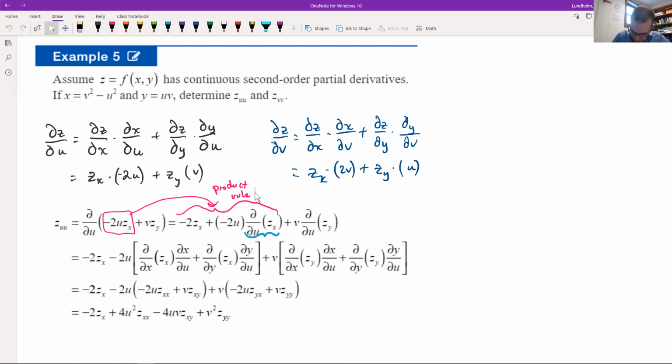This whole thing is the multivariable chain rule that we see here. And this is the multivariable chain rule that we see there. Lovely.